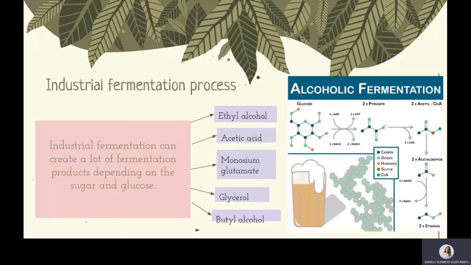This is the one that is produced by humans, and industrial fermentation can create a lot of fermentation products depending on the sugar and glucose. As a result, industrial fermentation can have as products ethyl alcohol, acetic acid, monosodium glutamate, cellulose, and butyl alcohol.